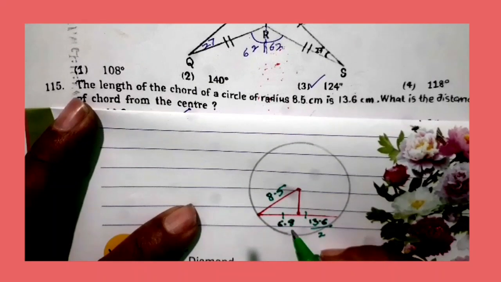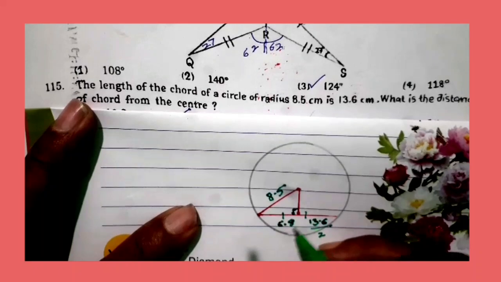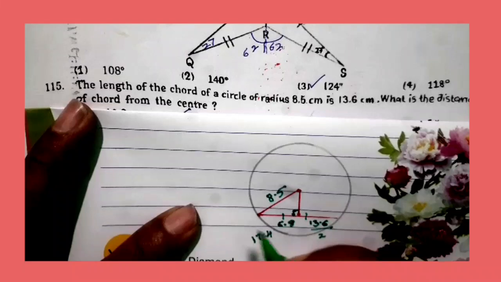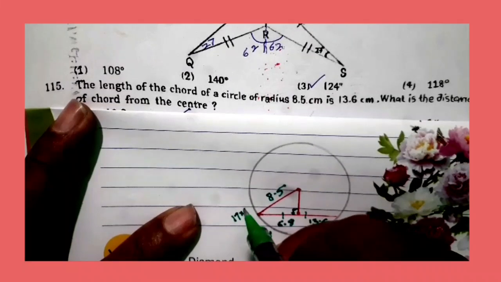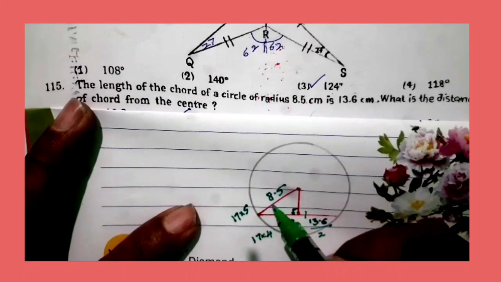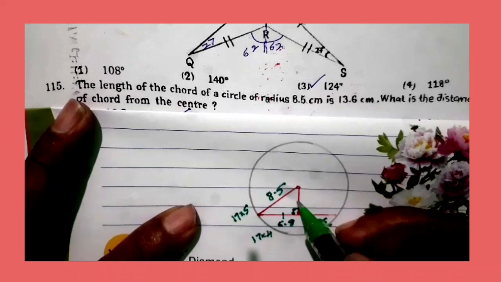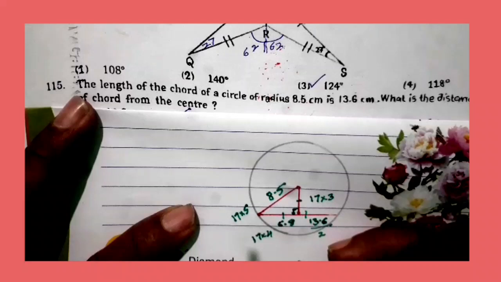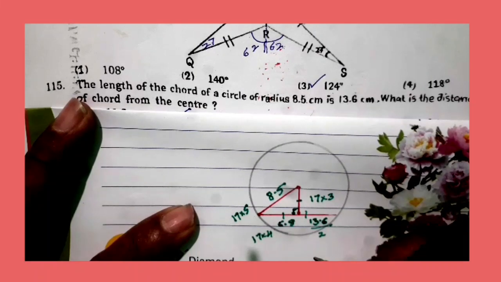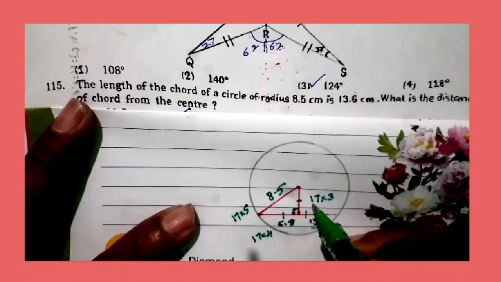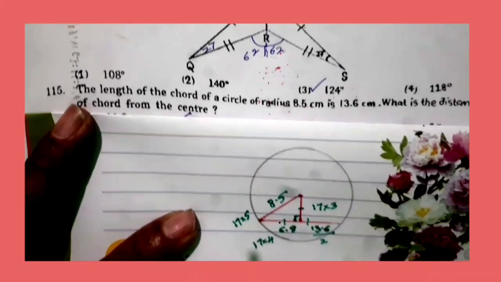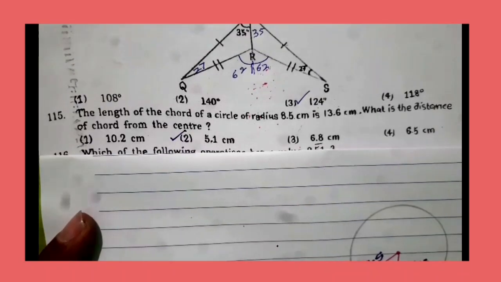We know that by Pythagoras theorem, this is 17 times 4 is 68 and this is 17 times 5 is 85. So this is 17 times 3 because 3, 4, 5 is a Pythagoras triplet. So 17 times 3 is 51, that is 5.1, our answer. This is by Pythagoras.